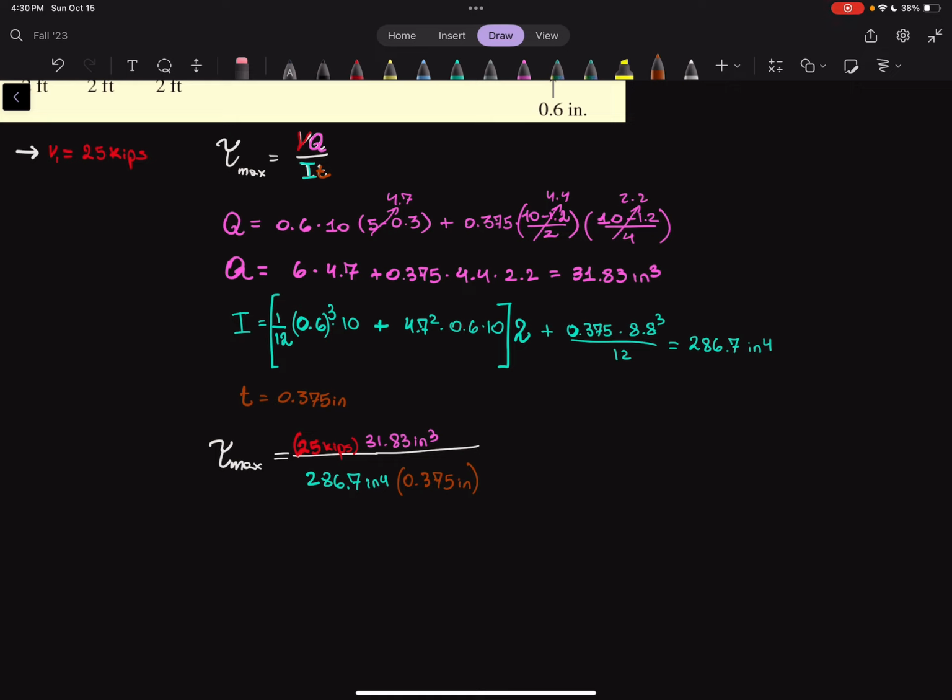And so we get kips over inches squared, which is ksi. So we get 25 times 31.83 divided by 286.7 times 0.375. We get 7.4.